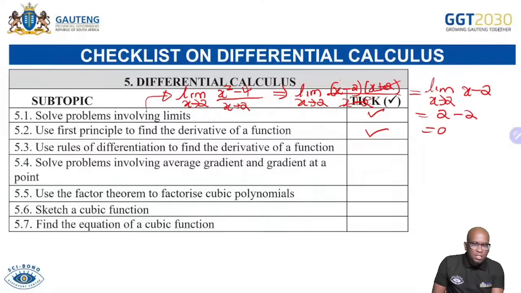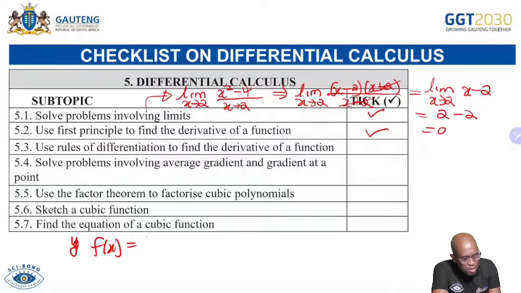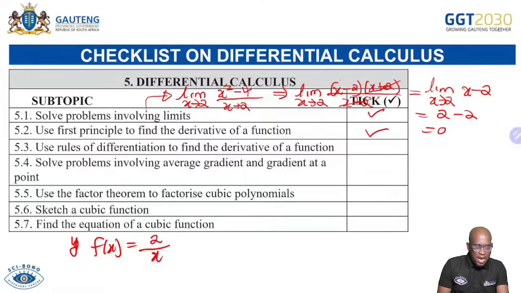And then the derivative by means of first principles. Remember, in your June exam, you were presented with f of x equal to something like 2 over x, a reciprocal function. You should be able to work with that as well.